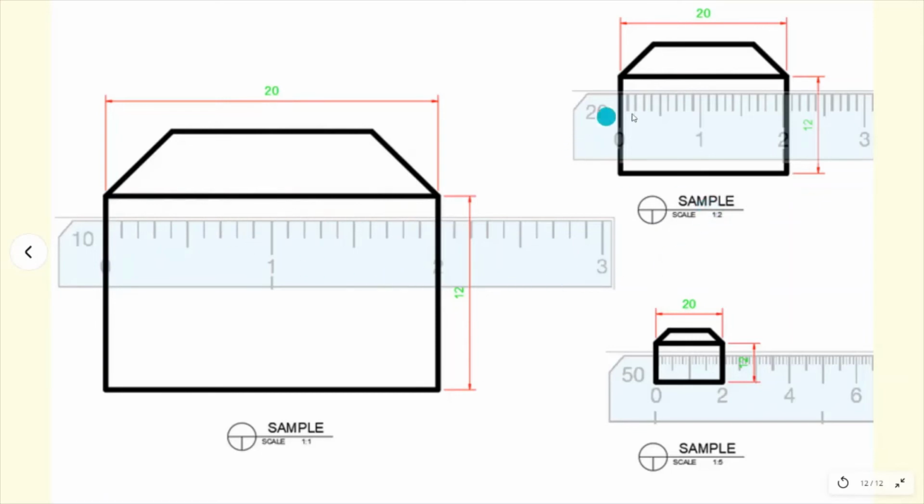When we use 1:2, it becomes smaller, half its size. Then if we use the 1:5 scale, it is even smaller, about 20% of the size of our actual drawing.